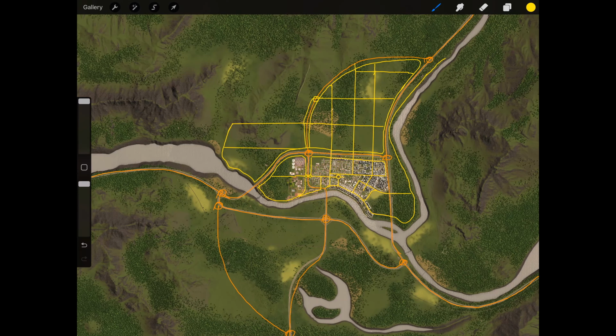And there you can see me already planning ahead further intersections that will be important at a later stage of the town, because obviously the more highway connections you have, the easier it gets for people to come into town.